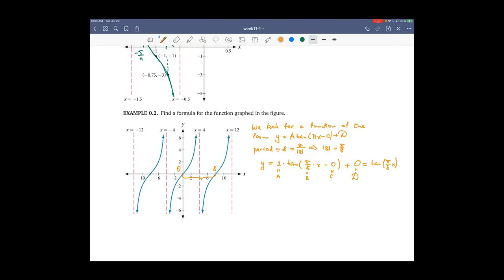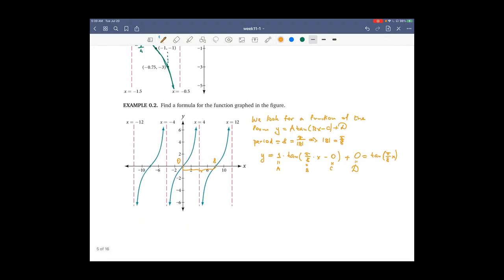Let's, for instance, check zeros. Tangent of pi over 8 times x is 0 if and only if the numerator of tangent, which is sine, is 0.